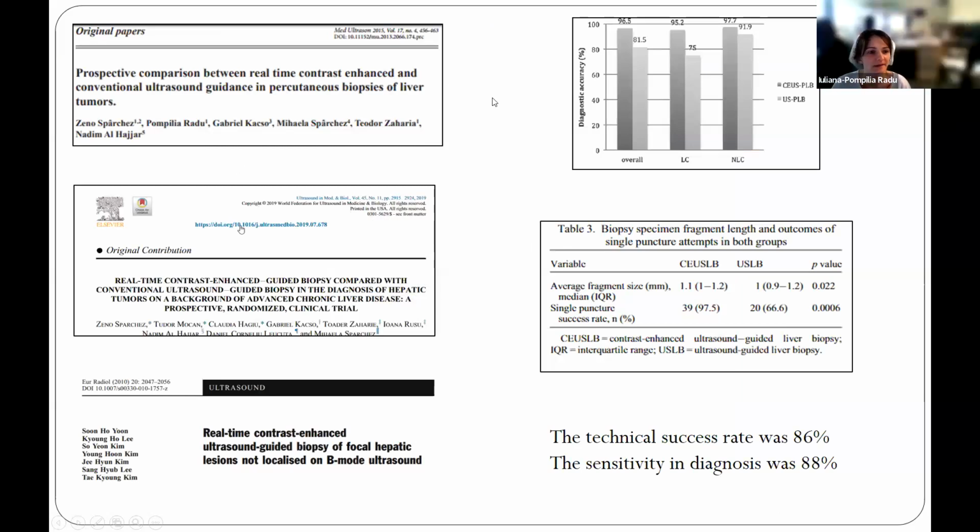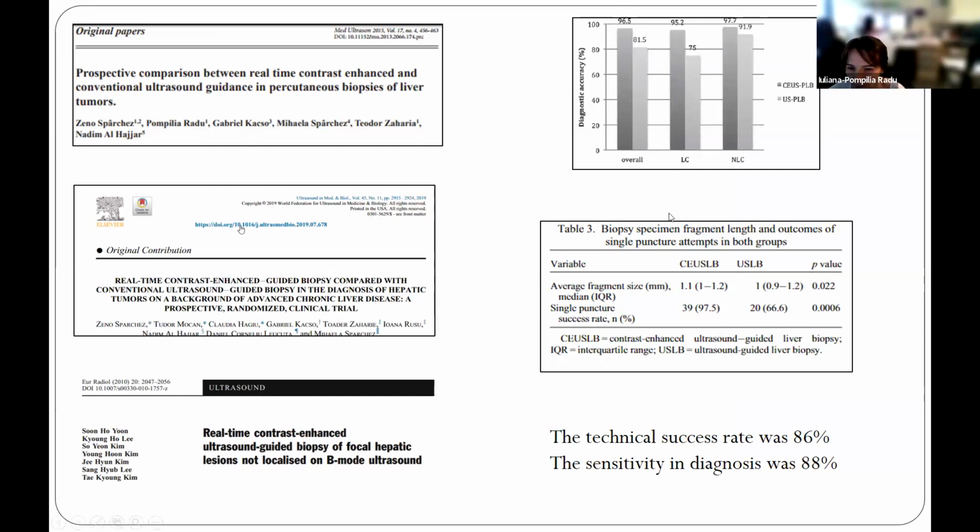Okay, and here is a study where I participated. The overall sensitivity and accuracy for the contrast enhancement guided biopsy was 96%, compared with 81% with B-mode guided biopsy.